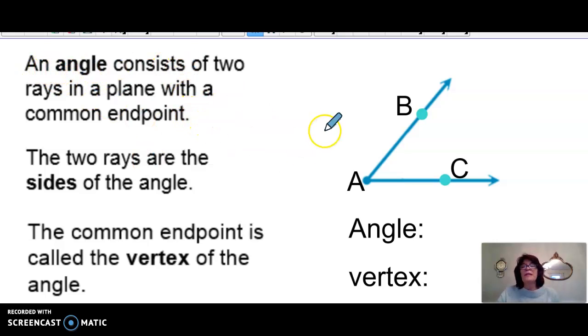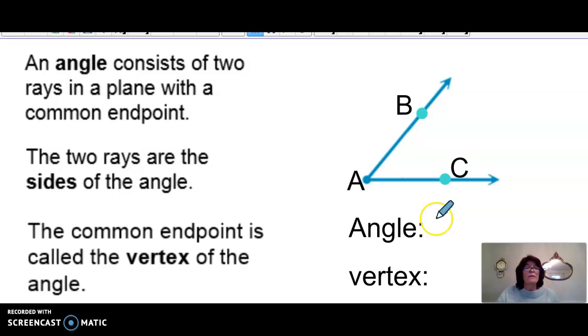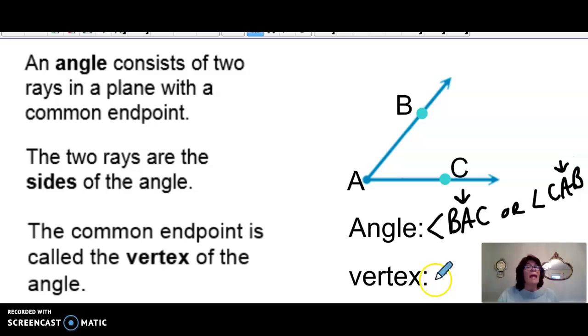Okay, an angle consists of rays, two rays, and a common endpoint. The common endpoint, of course, is called the vertex. The way we label these in geometry, and you'll still see them labeled this way, this angle, we use a symbol like this, and we'll say angle BAC, or we might say angle CAB. But notice that the vertex is always in the middle, okay?